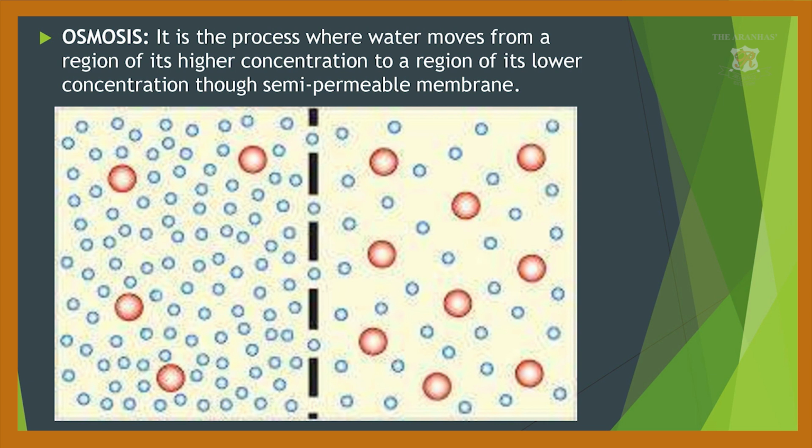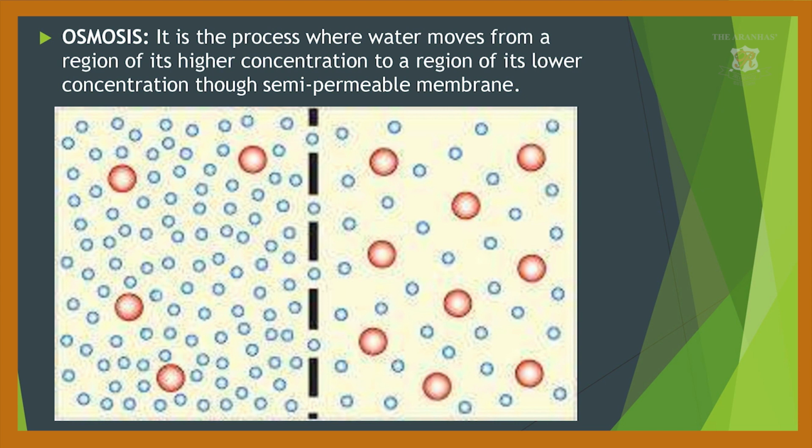You can see one black strip is also present in between, which we can say is a semi-permeable membrane. Now this semi-permeable membrane acts as a selectively permeable membrane. Selectively means what? It allows only some of the nutrients, some of the particles, to get inside this part.